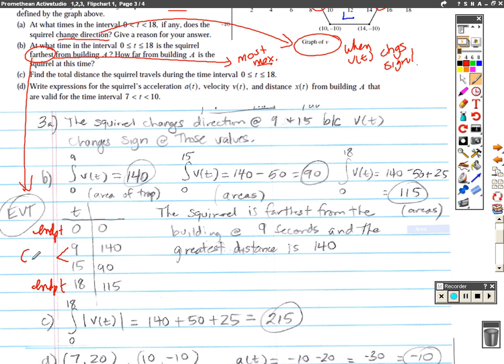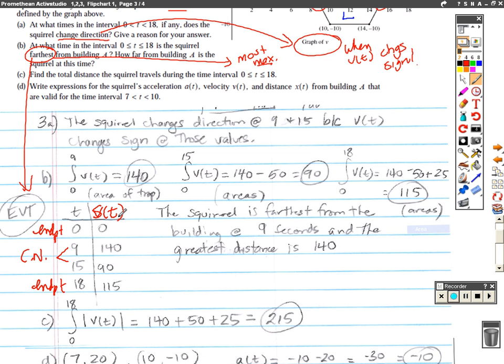Then I have to consider the critical numbers. Now, I already have identified the critical numbers because I have the graph of velocity, and I already indicated in part A where the velocity was changing signs. So the next thing I need to figure out is the position of the particle at these times.